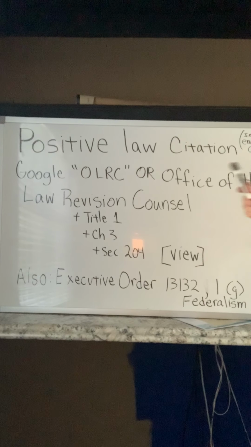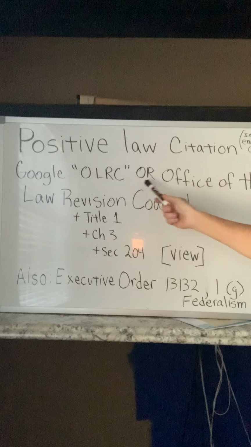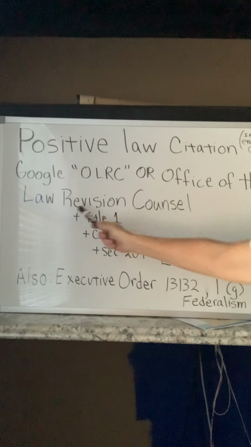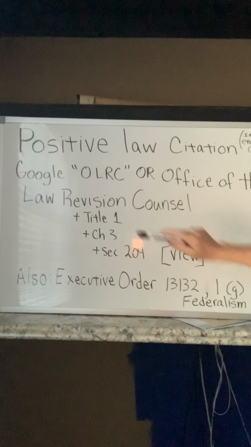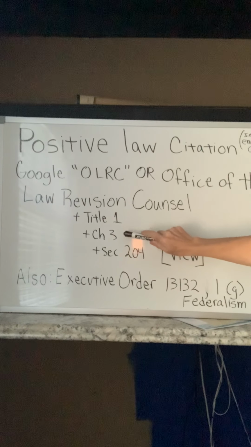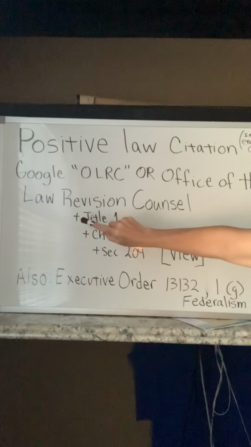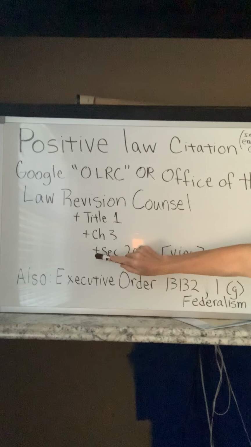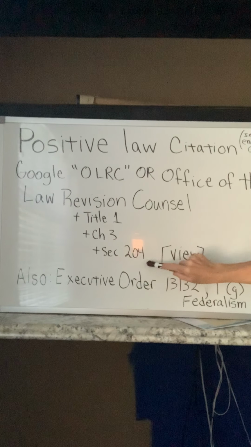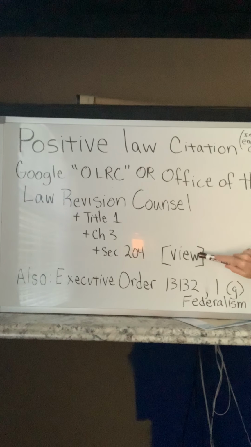Now, you can Google this, OLRC, or the Office of the Law Revision Counsel, and go to the website, and you'll see what I'm talking about. In Title 1, Chapter 3, you have to click on the plus to expand it. Title 1, Chapter 3, Section 204, you get here and you go across the page and you click on View.